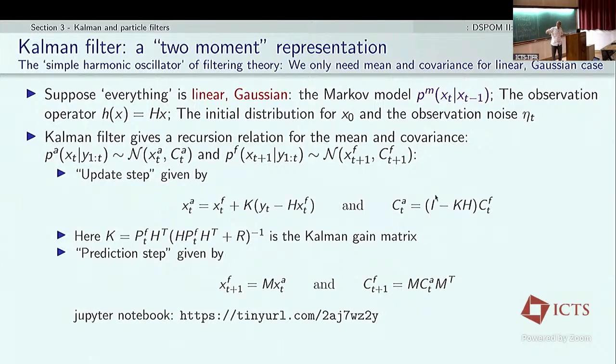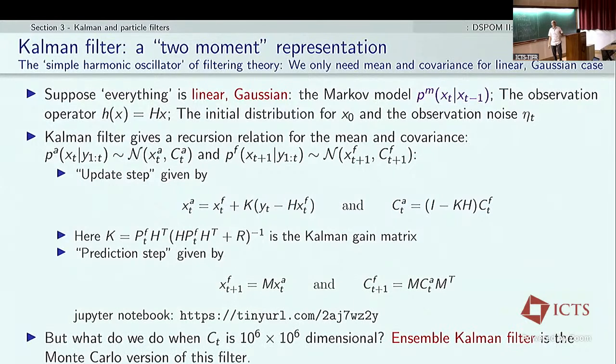On top of it, getting good estimates of covariance is not easy for a 100 million dimensional problem. So covariance estimates and actually storing and dealing with covariances is a huge problem, in addition to everything else that some of you mentioned: Gaussianity is not obvious, non-linearity is an issue, and so on.